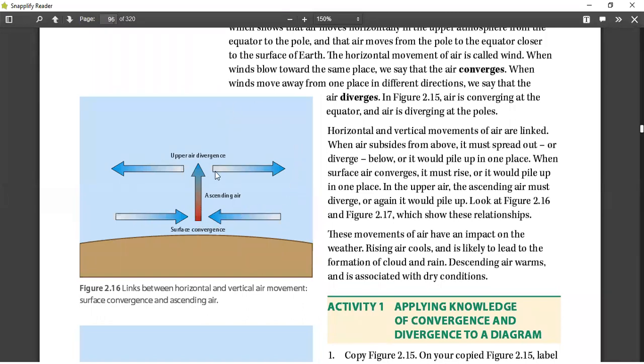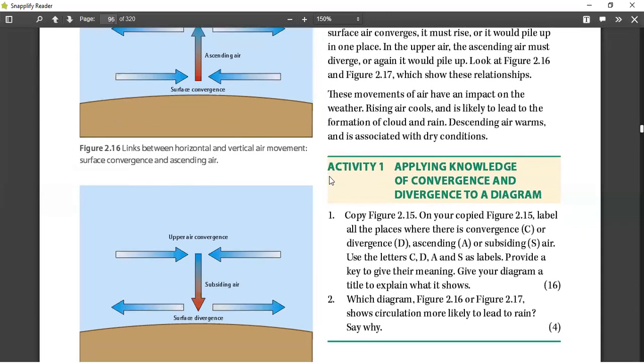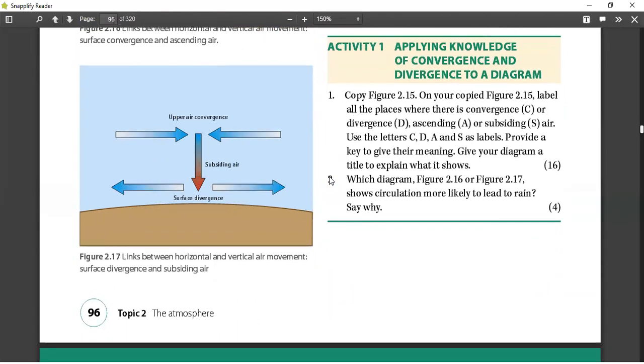So it's moving in a circular motion as it goes around the world. The same thing happens there, but this time it's going down in a horizontal form.